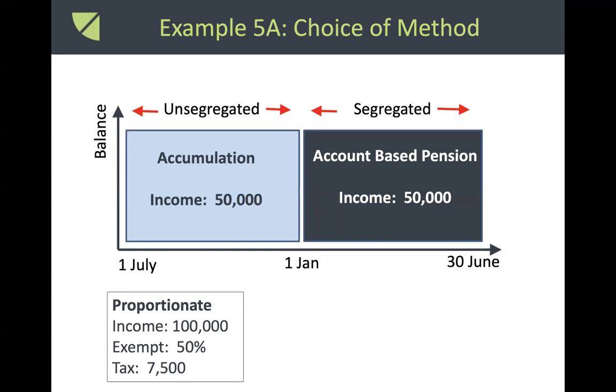Our ECPI is 50%, and that's because the dark blue is 50% of the shaded area. So we'd pay 15% tax rate, but 50% of that is exempt. So effectively only 7.5% is going to be the tax rate on $100,000 of income. So we have tax of $7,500 if we use the proportionate method.